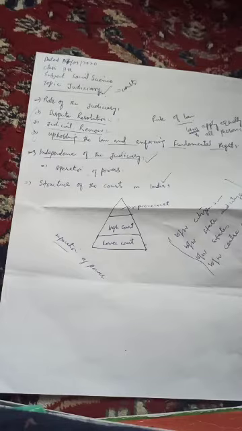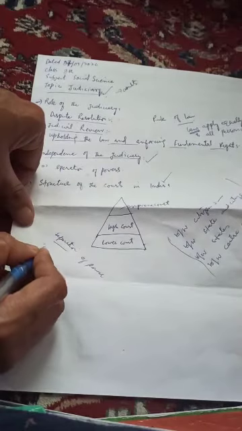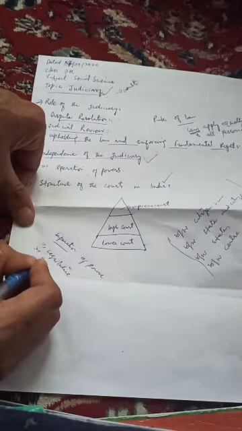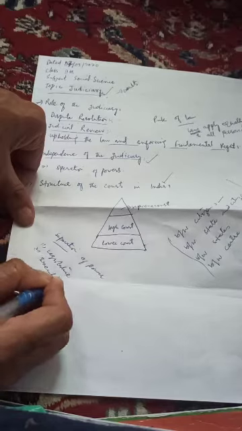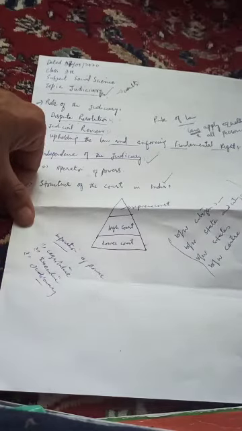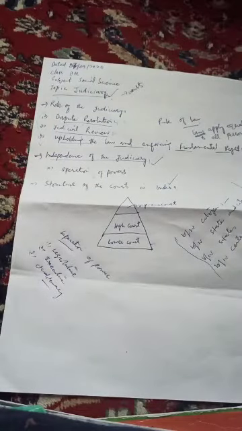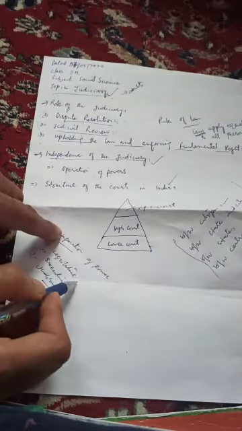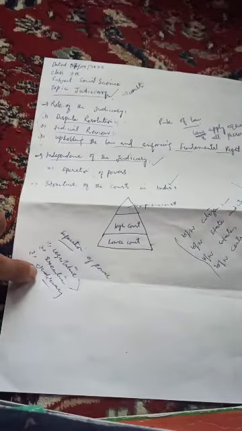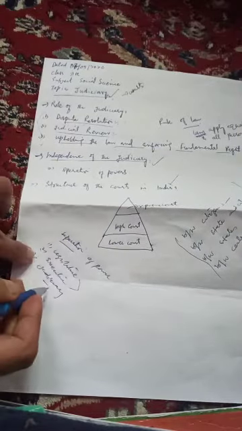We have three organs of government. First is legislature, second is executive, third is judiciary. This legislature and executive cannot interfere in the work of judiciary.